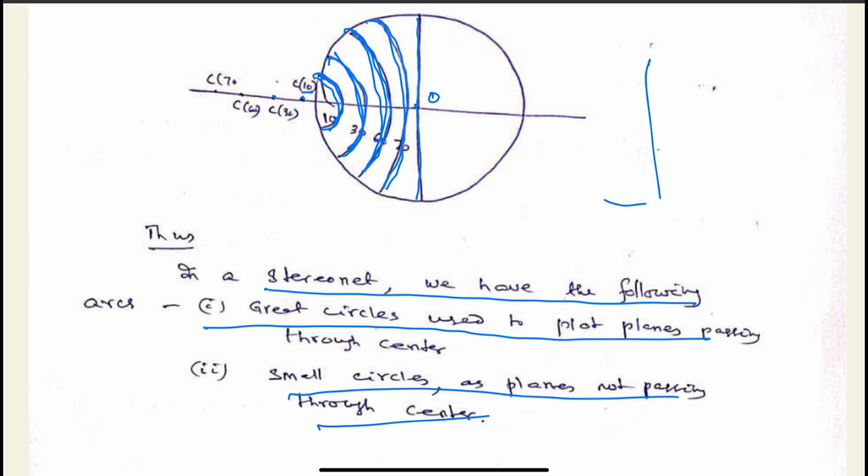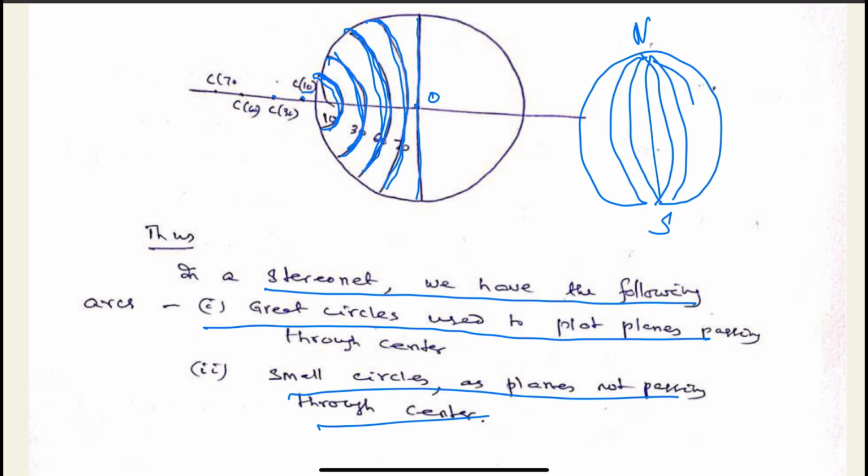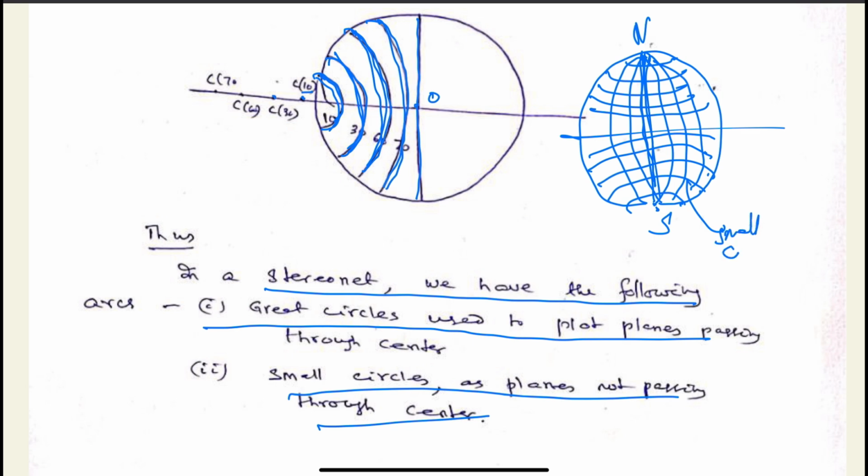The great circles are represented in north-south form like this, and the small circles are represented perpendicular to the north-south line in the form of this. It should be 0, 10, 20, 30, 40, 80, 90, 0, 10, 20, 30, 40 like this. So these are the small circles, these are the great circles.